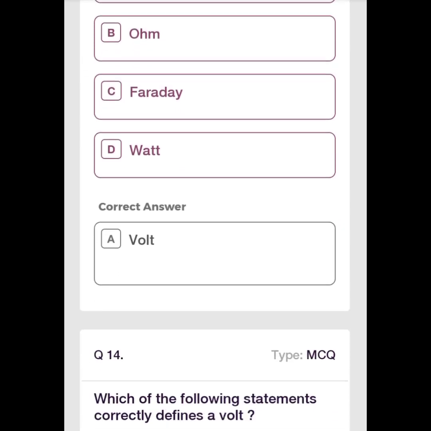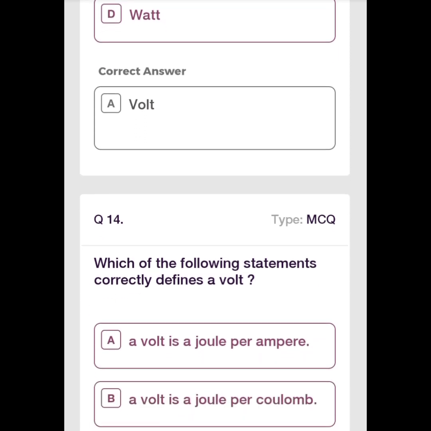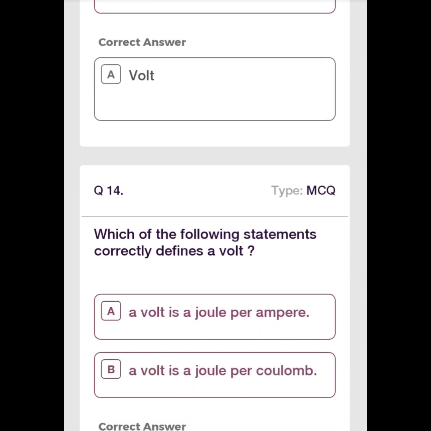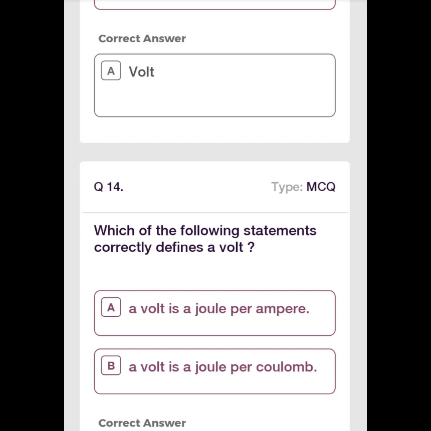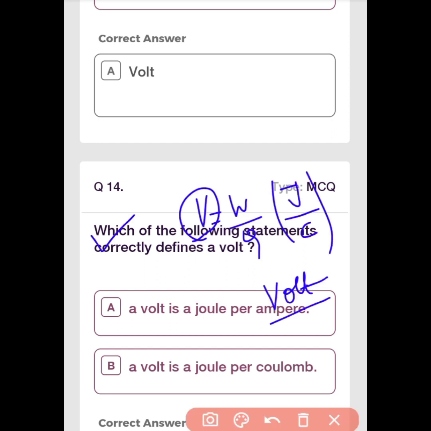14th question. Which of the following statements correctly defines a volt? How do we define volt? See here. Volt is equal to work done by charge, or joule per coulomb. So the option is B. Option B is the correct answer.